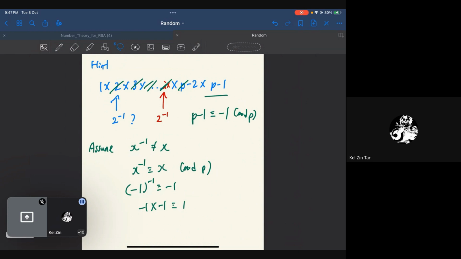So is Wilson's theorem important? I think it can be used to prove some other interesting things, but the exact usage of that, I'm not very sure.